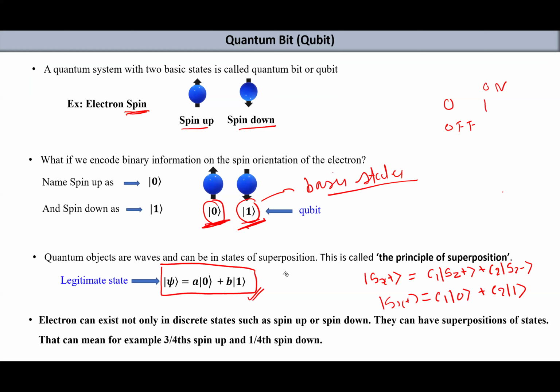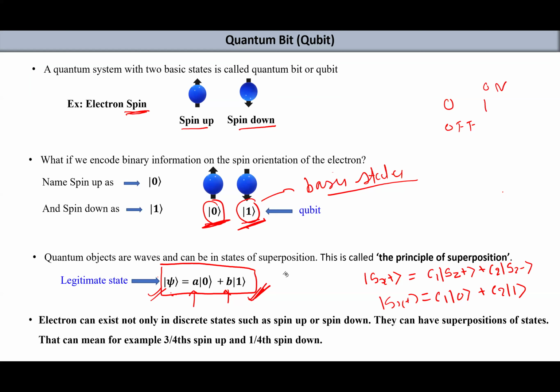And what is so special in this linear combination state or superposition state? The specialty is that to describe this state psi, I need two complex numbers A and B. To define this psi or superposition state, I need to define two complex numbers A and B. It means this state is carrying two pieces of information.